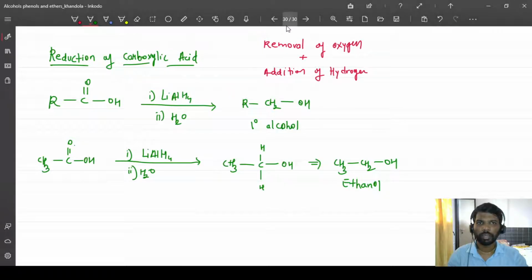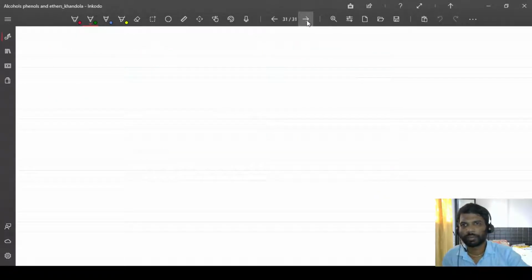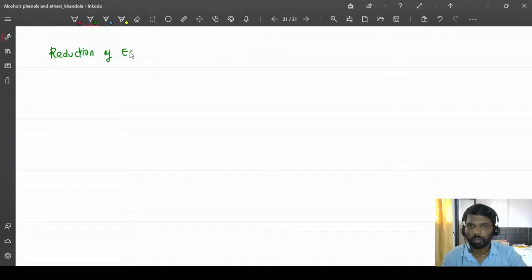Next is reduction of the esters. The general formula of the ester is R, C double bond O, and O R dash.